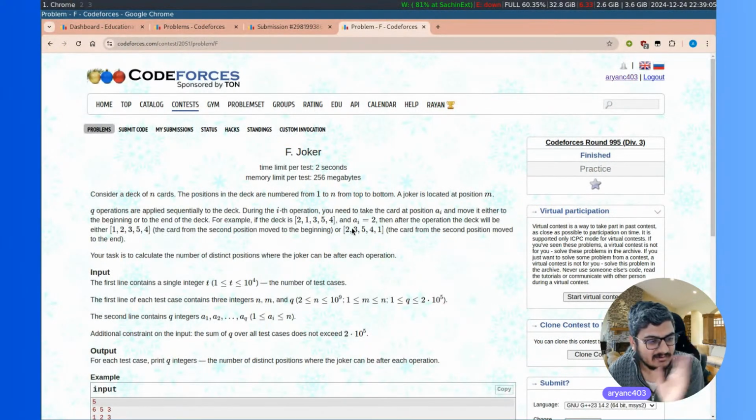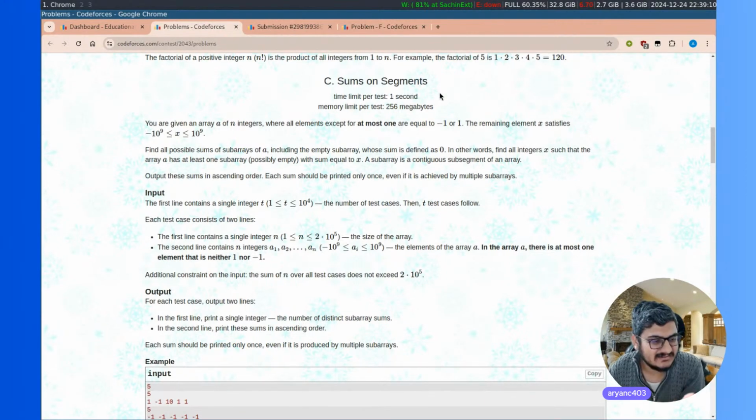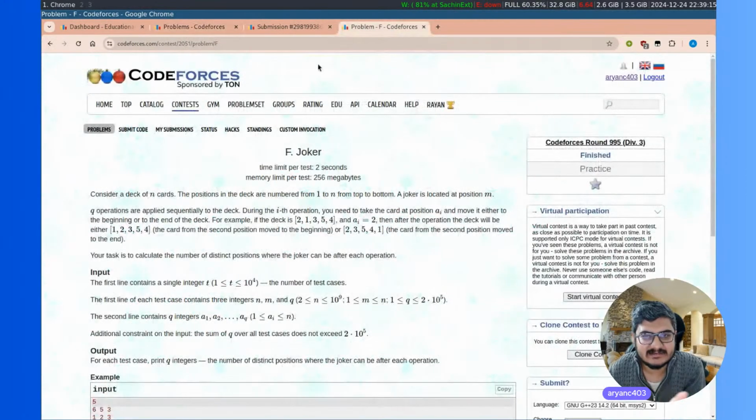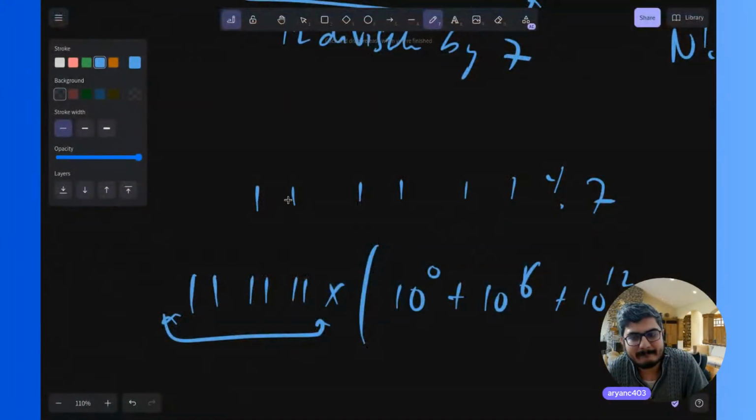The same idea can be used in this C problem as well. That is one way to do it, exact same idea. And I will explain it again, but essentially the problem statement was the same as this. So let's look at the different ways in which this array can be divided.